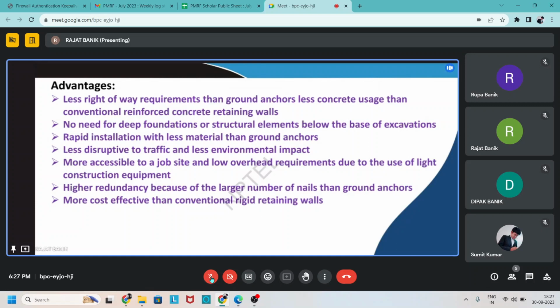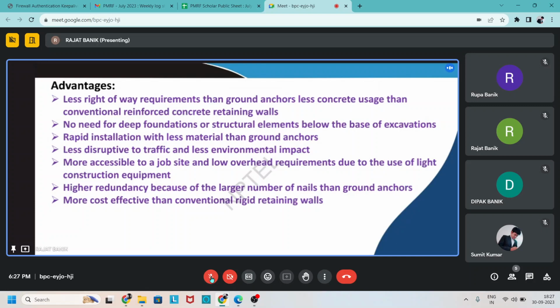First we require some inclusion, that means reinforcement or rod, then some amount of concrete or grout material, and some anchor, or some nut and bolt system. With these few things we can apply this technique into the soil, so it is more accessible for every job site or ground condition.